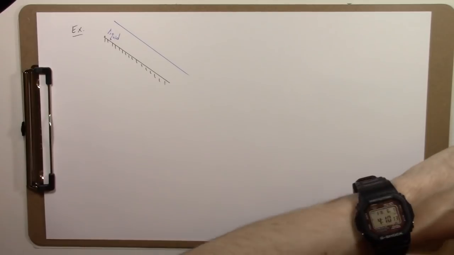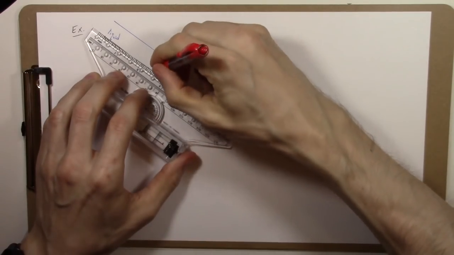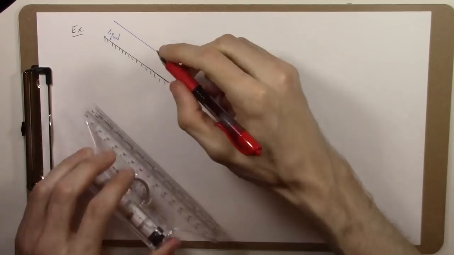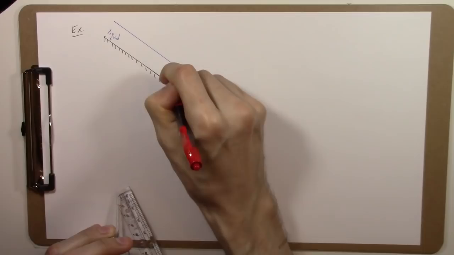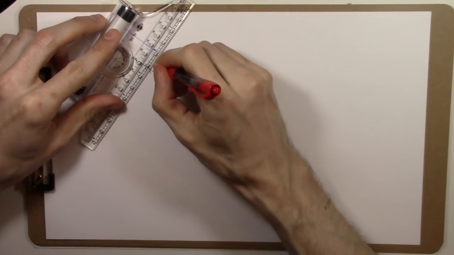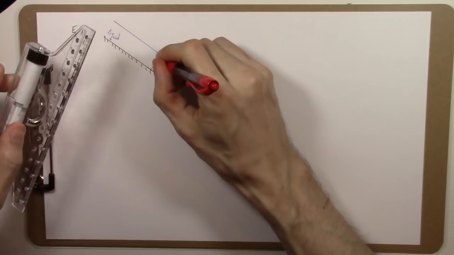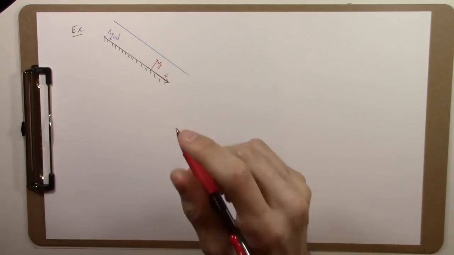We'll designate our coordinates. We'll have x in the direction liquid will be flowing down. We will have y perpendicular to this bottom surface.